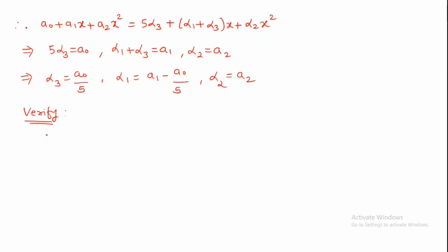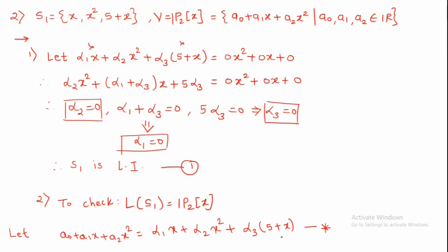Now whatever values we have found, let us verify whether they are right. Consider the RHS of star, that is alpha 1 x plus alpha 2 x square plus alpha 3 (5 plus x).